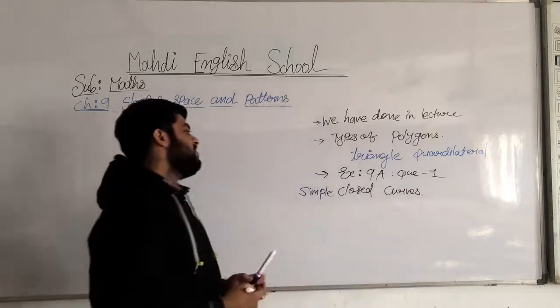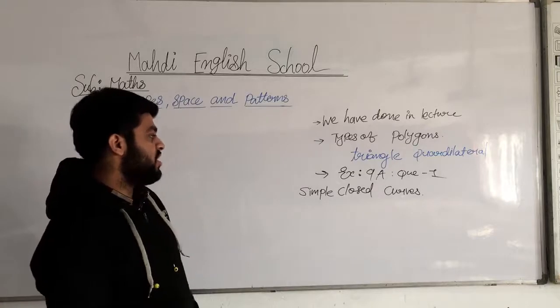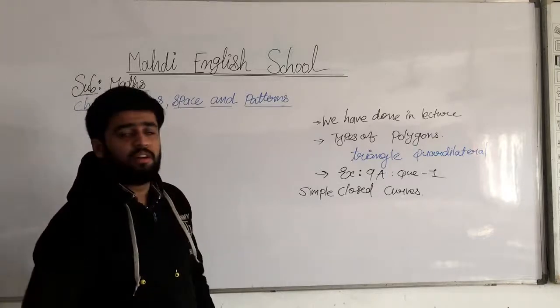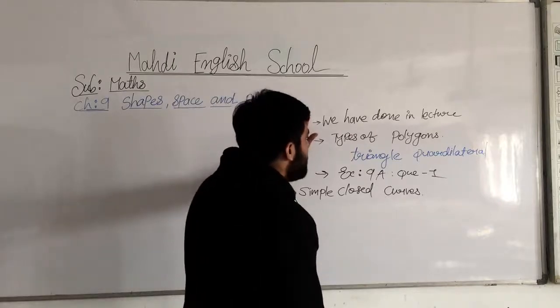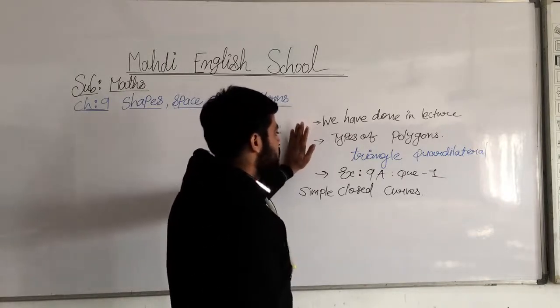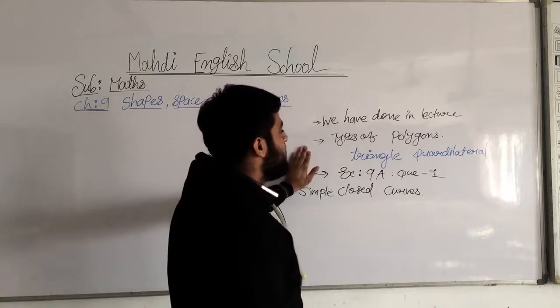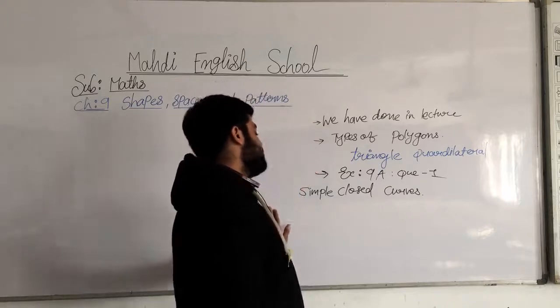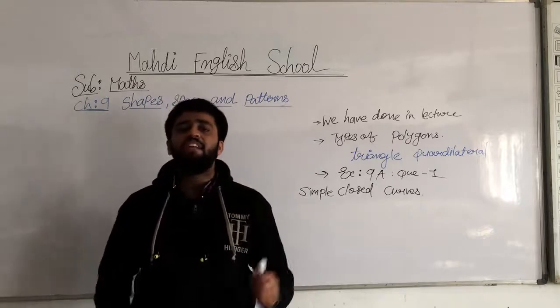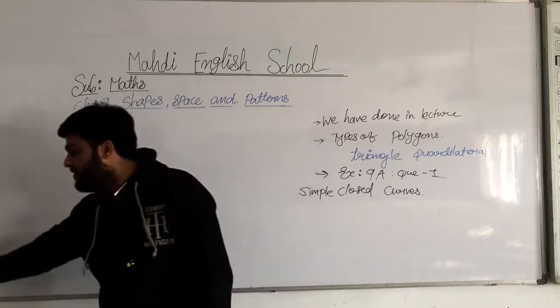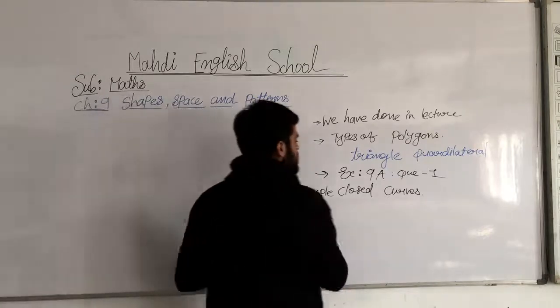In the last lecture we found the simple closed curves. We have done the types of polygons, triangle, quadrilaterals, and exercise 9a question number 1. We have done all these questions. So now we will move on with the session.